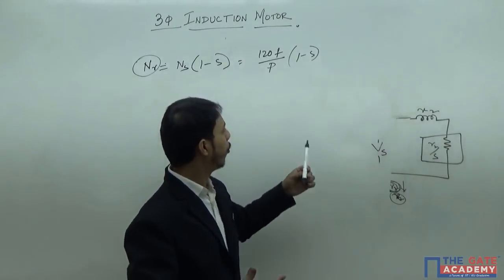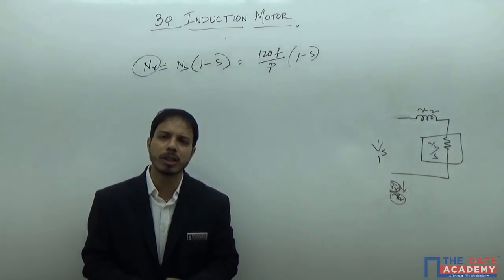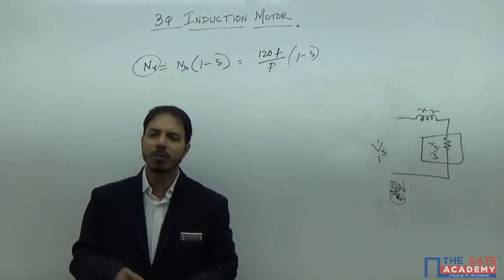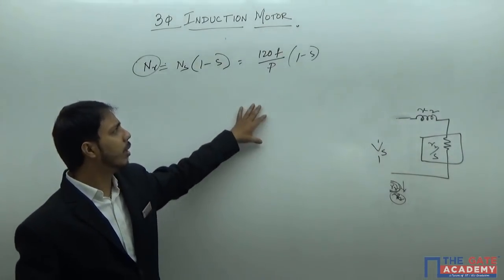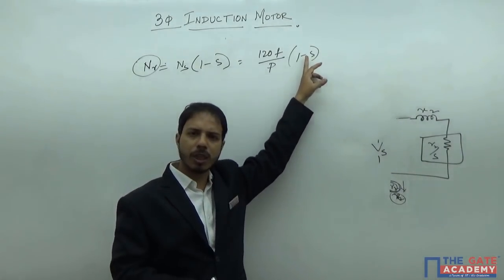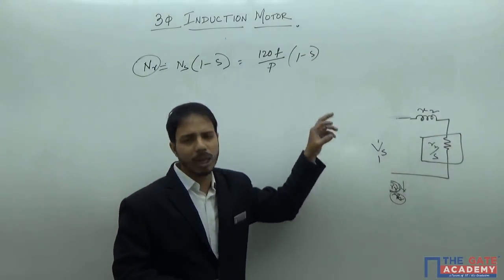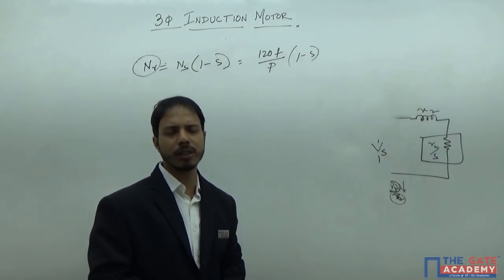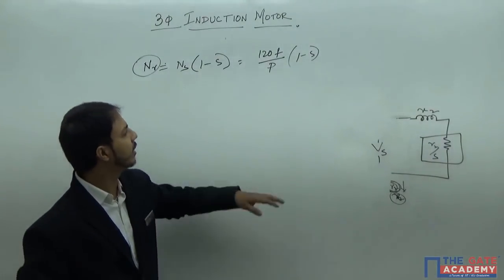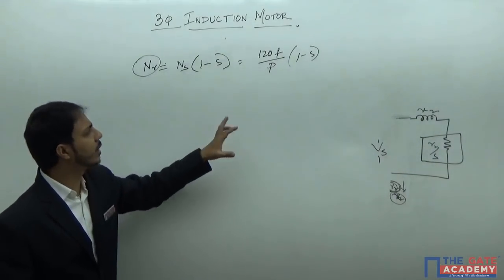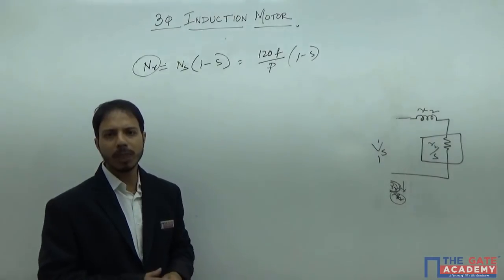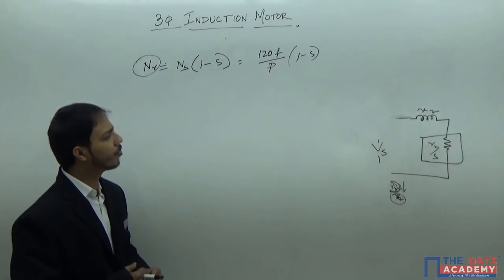Similarly, you can increase or reduce the voltage. We should not increase the voltage, because we'll come to that later. For now, we can reduce the voltage, and the slip will change accordingly. What I'm more interested in is how my speed control technique depends on the frequency.